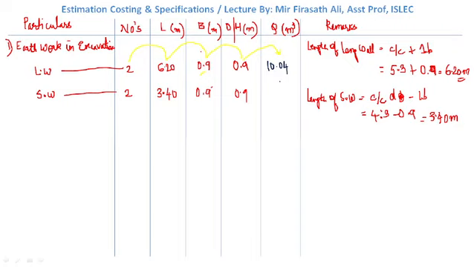Similarly, if we multiply 2 into 3.40 into 0.9 into 0.9, we get around 5.51 meter cube.